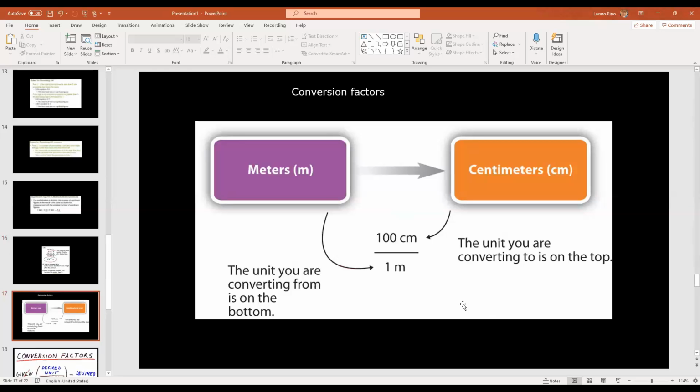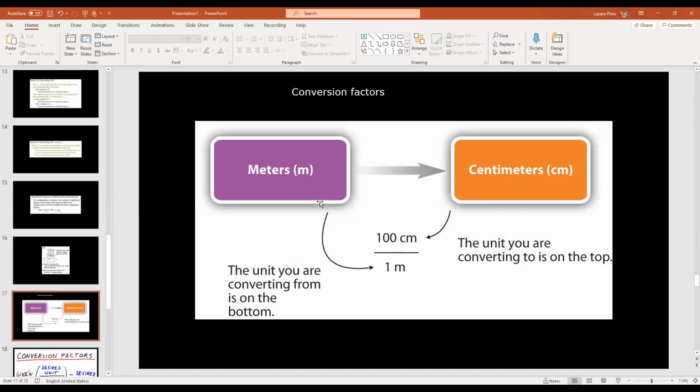Conversion factors are very important in chemistry. A conversion factor is made from a conversion that you can find in any table. I recommend you to print tables for conversions.